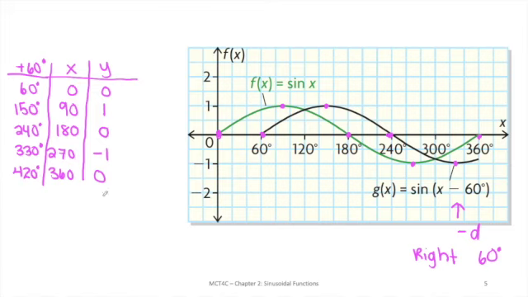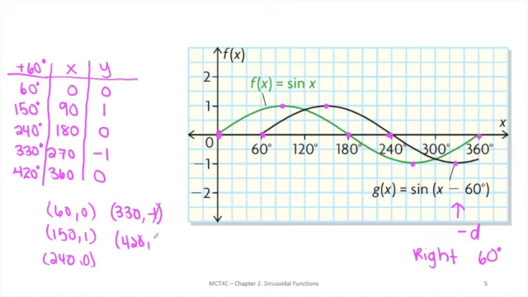Now plot those points. Your new points are 60 and 0, 150 and 1, 240 and 0, 330 and -1, and 420 and 0. If you write anything to the left, you ignore that left column, and you haven't done anything to your y column, so you use that y column still.